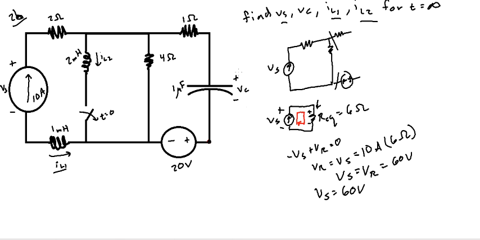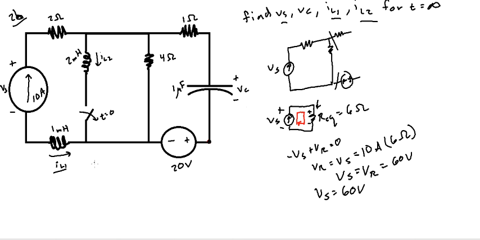IL2 is going to be the next easy one. This has been opened, so IL is no longer part of a functioning circuit. So it can't send this current anywhere.